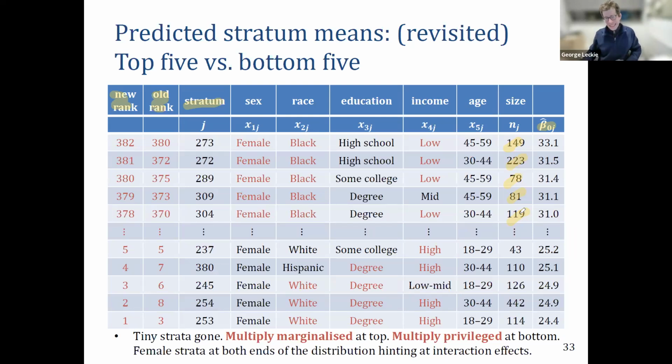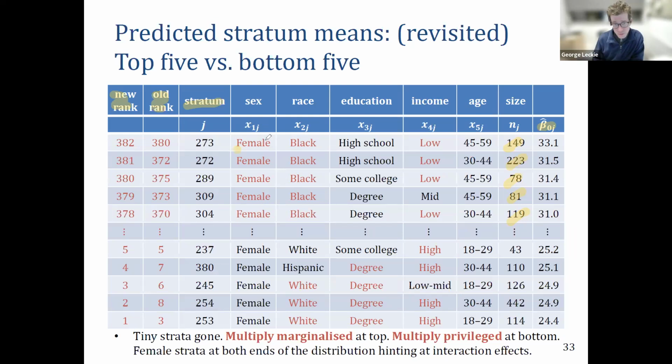So that's one point. The other point here is now it makes sense to actually start to look substantively at, well, what are these top 5? And you can see I've highlighted in red kind of marginalized identities, and you can see the top 5 have multiple marginalized identities.